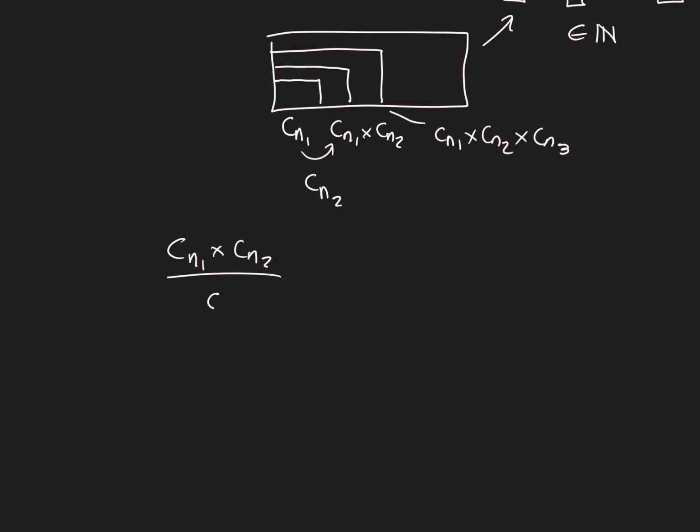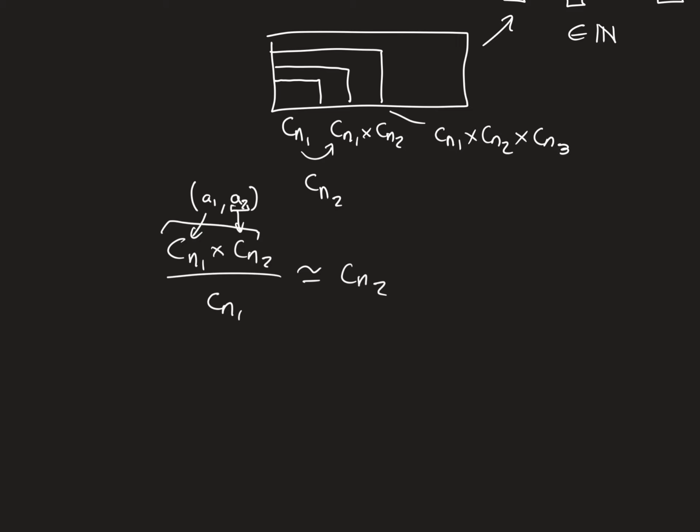If you quotient out by Cn1, it's kind of obvious from the notation that you're going to get Cn2. But why does that actually work? Because the elements of this product are going to be pairs of elements, where the element in the first position comes from the first group here, and the second position comes from this one here.